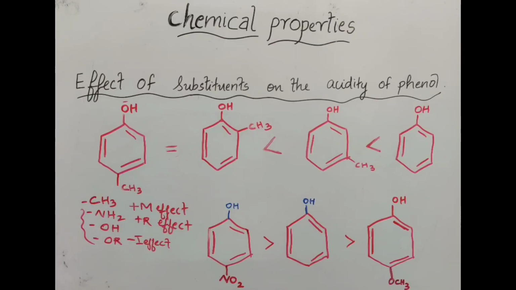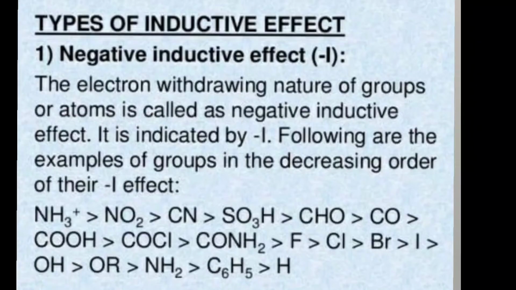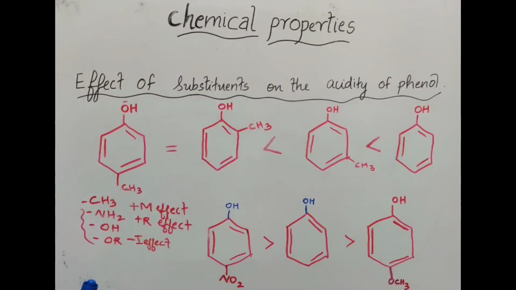The effect on electron density in one portion of a molecule due to electron withdrawing or electron donating groups in the molecule.